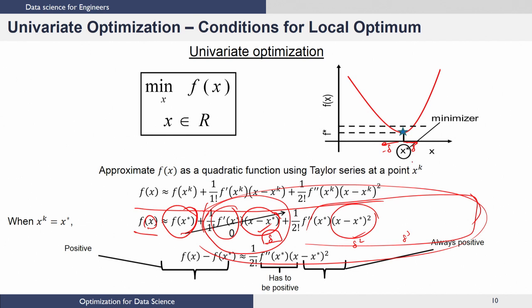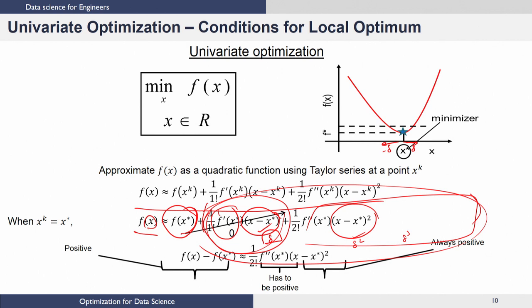Now, when delta is positive, if this function turns out to be negative, then I can go to the right and minimize my function again. So, if this term is not 0, then for sure I will have one direction in which I can go and find a value better than f of x star locally, which would invalidate our argument that x star is a minimizer.